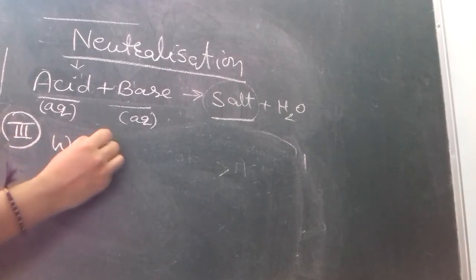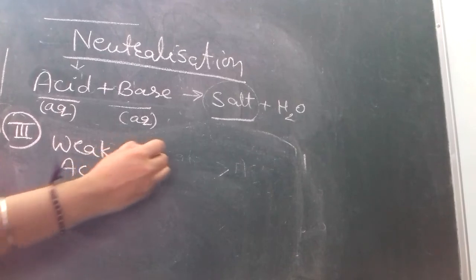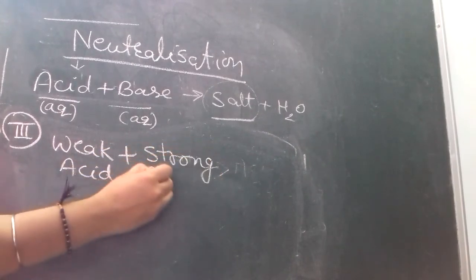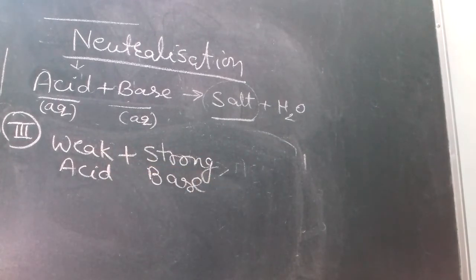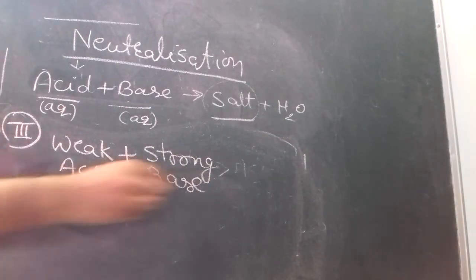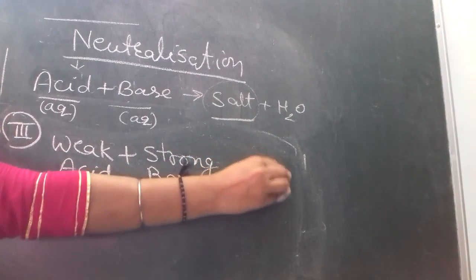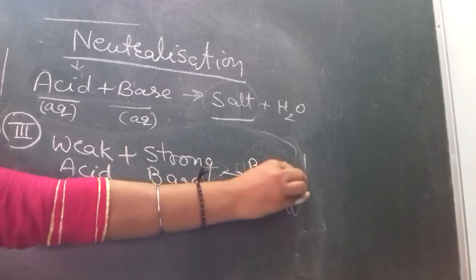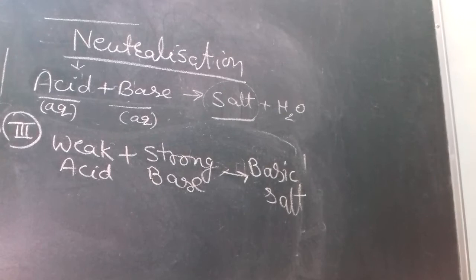If acid is weak but base is strong, so what will be the nature of salt? Now the nature of salt will be basic. Here the salt will be basic salt. Why is this so?